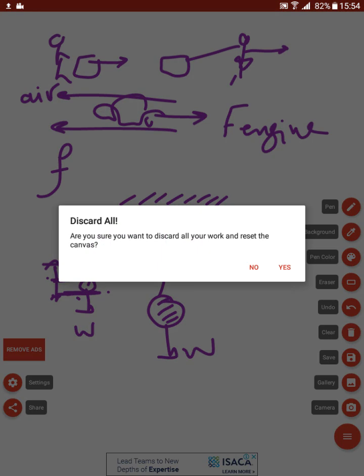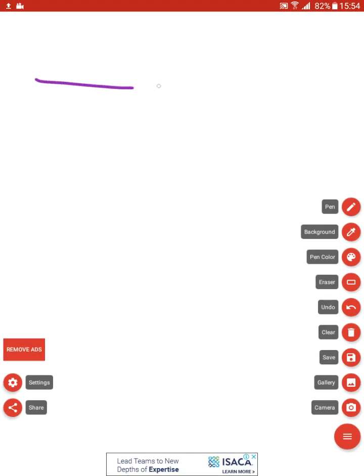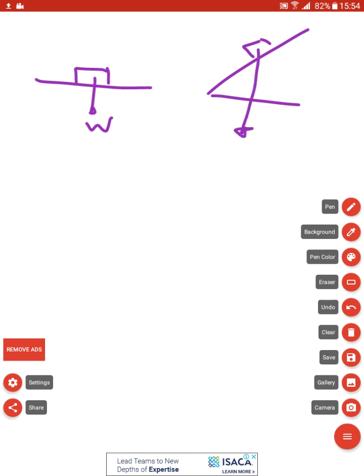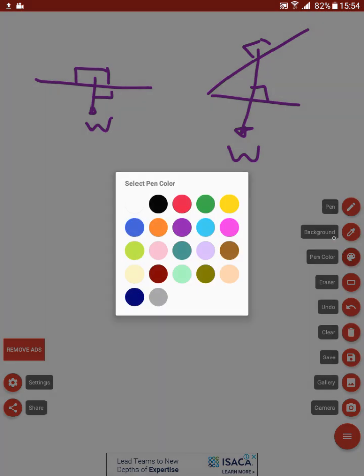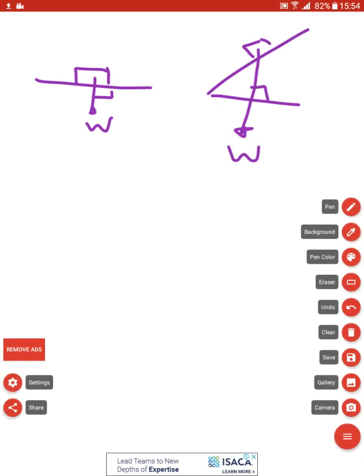Again, I want to talk about the weight. If we have an object on a floor, this is the weight. If the object is on an incline, this is the weight. So the weight is all the time perpendicular to the ground. We have another force which is the normal reaction. Normal reaction acts in the direction opposite to the surface.